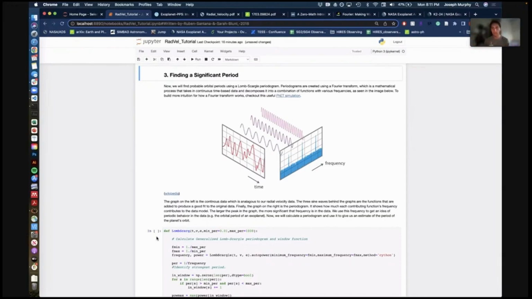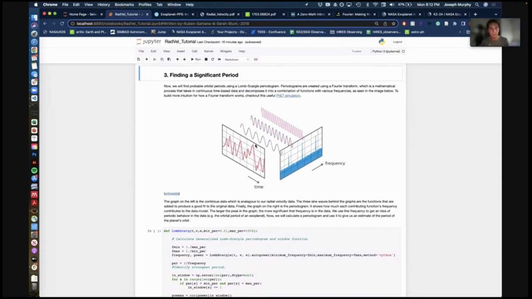Some of you may be sort of familiar with this technique before, but we can use what's called a periodogram to look for periodic signals in our data. And how that works is, if we look at this cartoon, imagine that on the left here, this red line is our time series data.